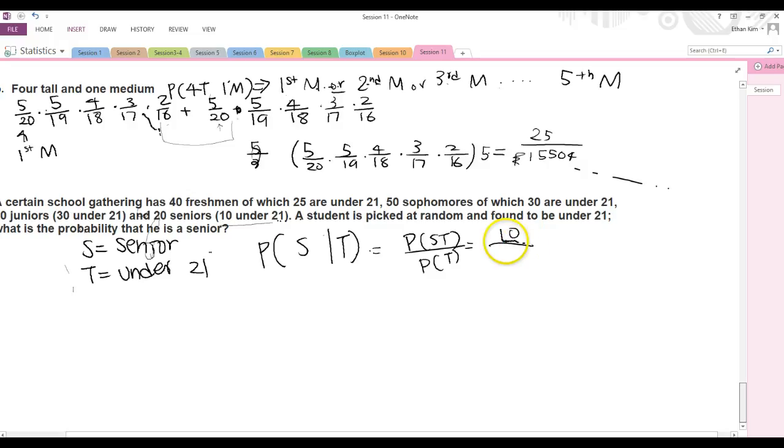And probability of T, which means the probability of people under 21, well, for freshmen there are 25 of them, so that's 25. For sophomores there are 30 of them, so that's 30. And juniors there are 30 of them as well. And seniors there are 10 of them. Okay?